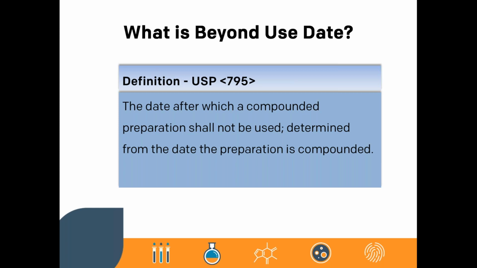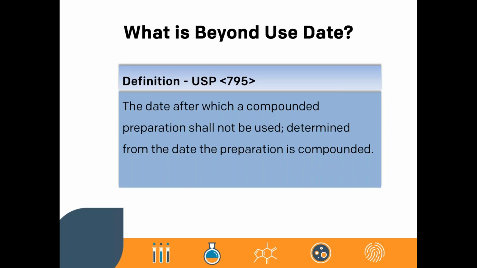The focus of today's discussion in this webinar is to look at extending the beyond use date or the shelf life of a compounded preparation, and not to be confused with potency, which is an important quality attribute that you need to use often in release testing.